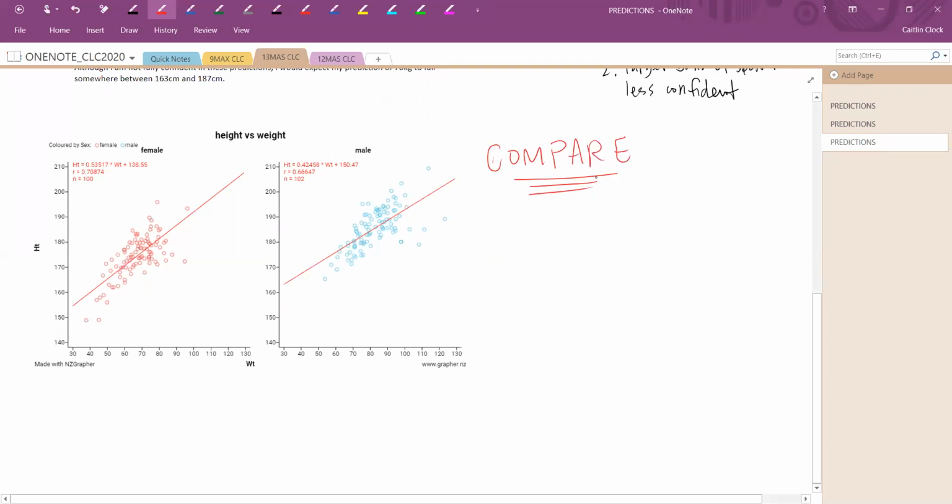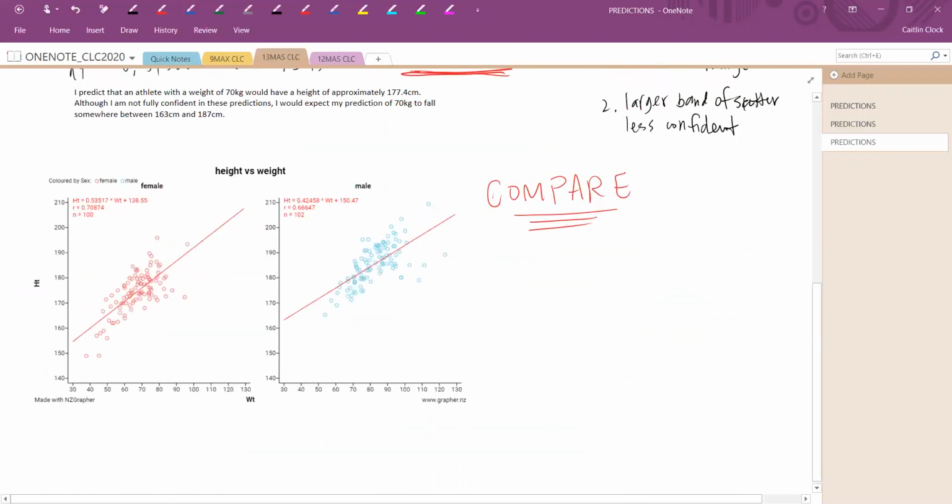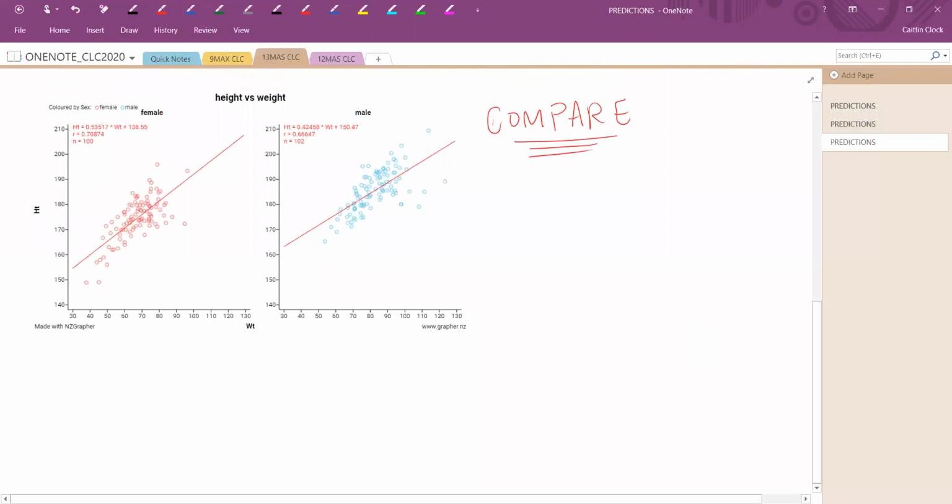It's very important to compare when you split by a third variable. So you're wanting to make comparisons between these new graphs and your original graph that you had up here, okay?